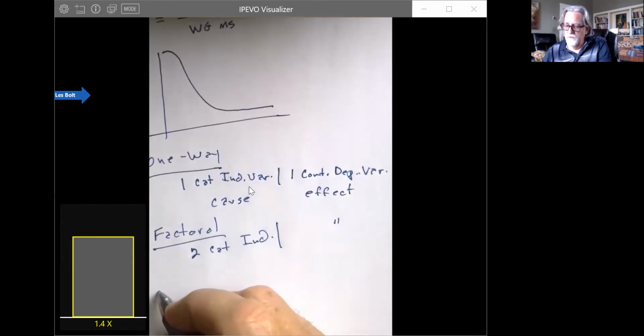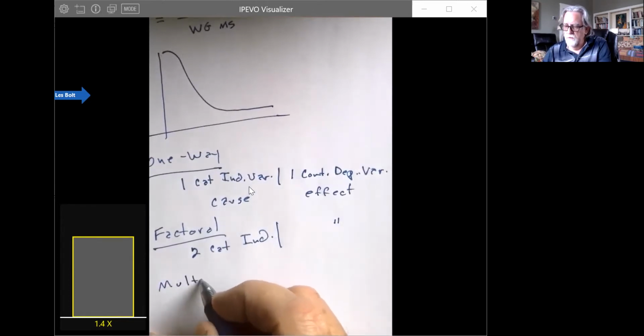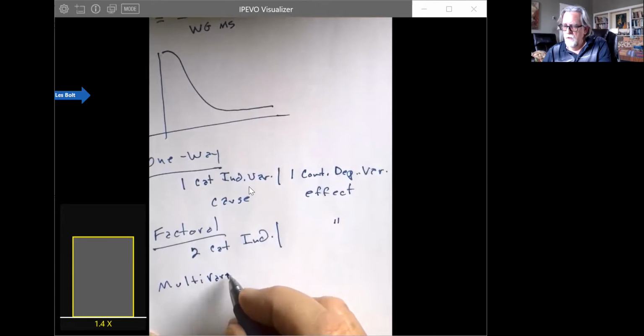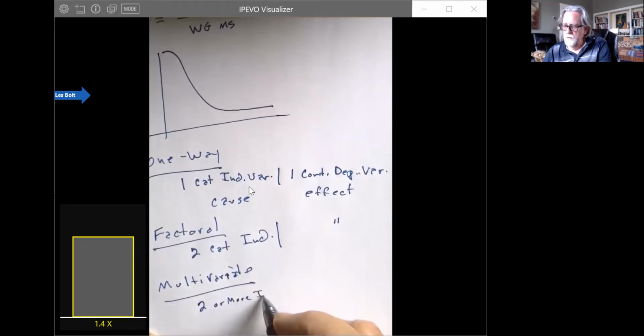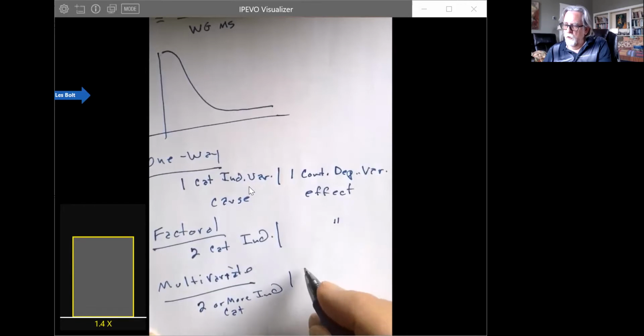We will have what's called multivariate, in which we have two or more independent variables, categorical, and we have two or more continuous dependent variables.